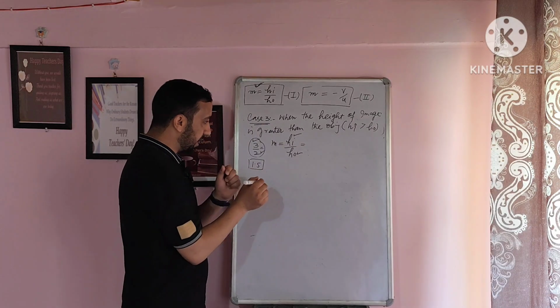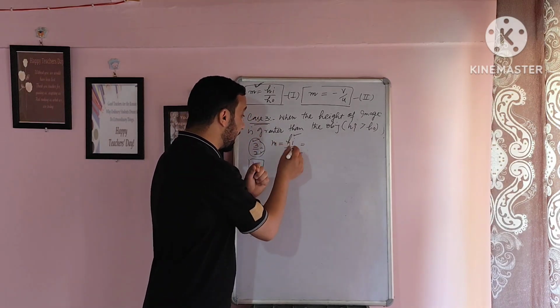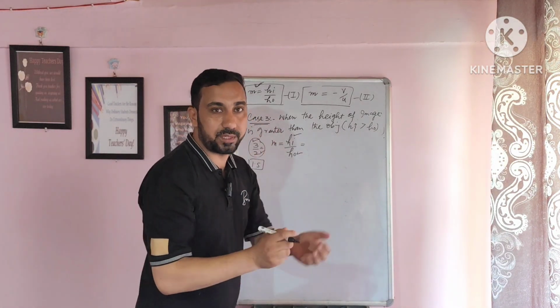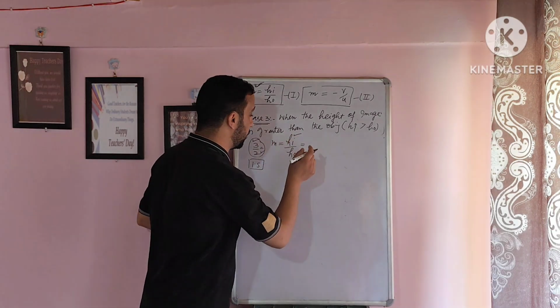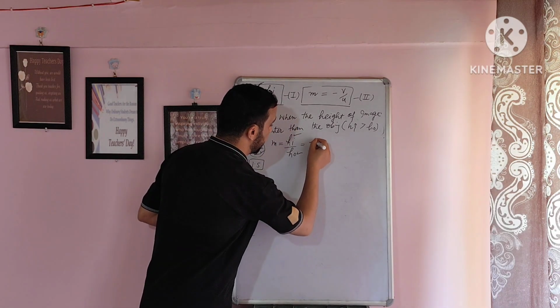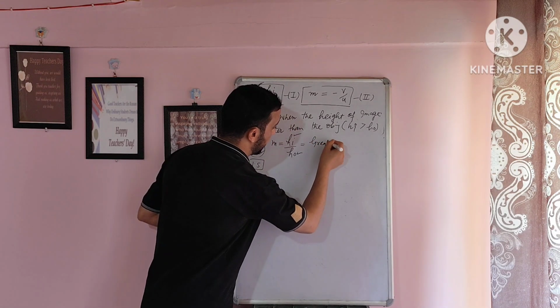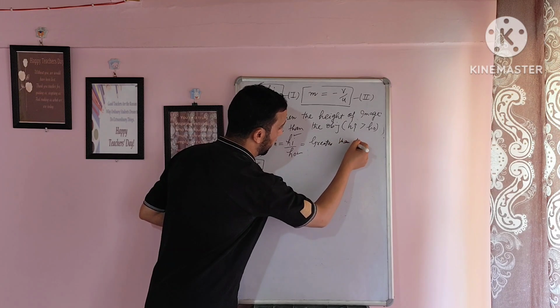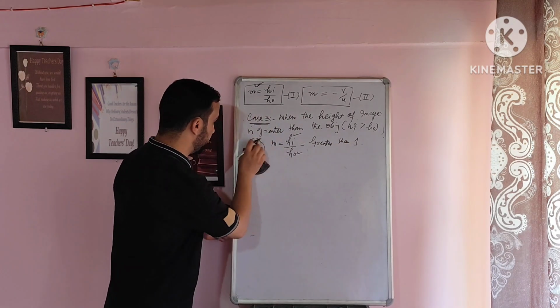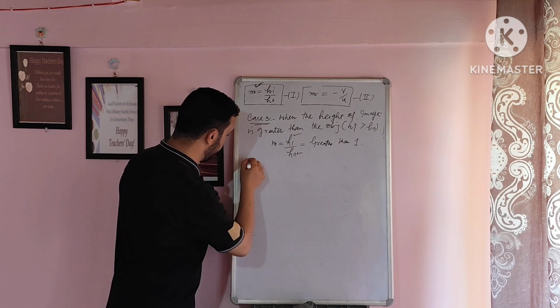That means it is greater than 1. This means that when the height of the image is greater than that of the object, the magnification has a value greater than 1.